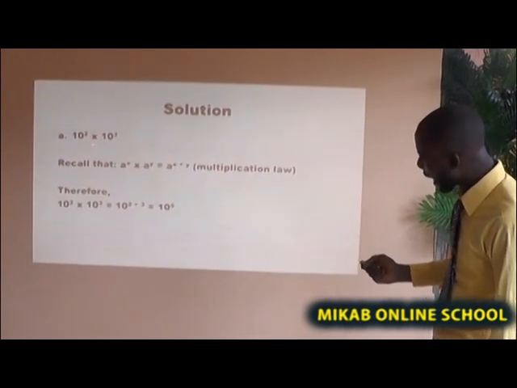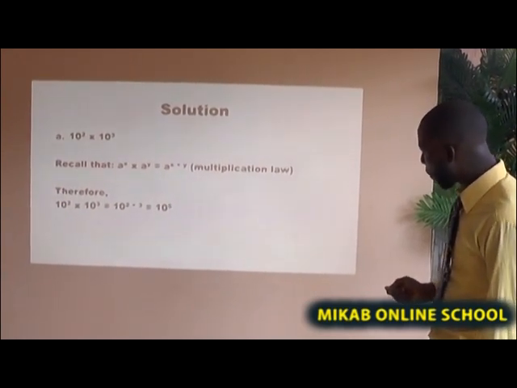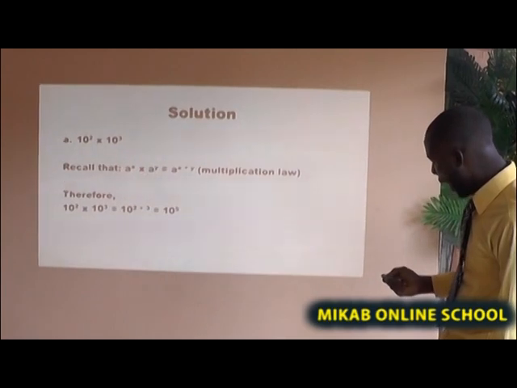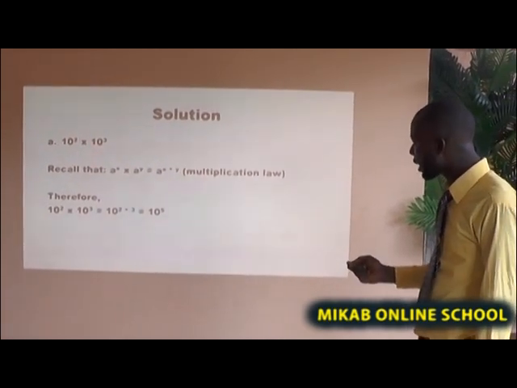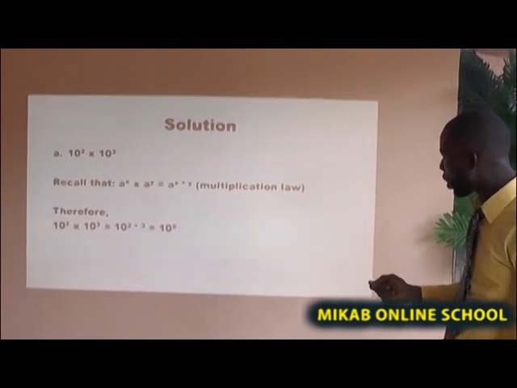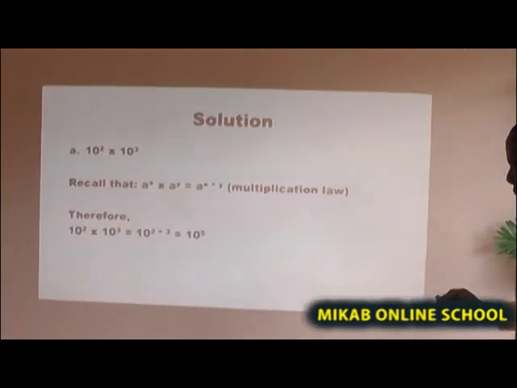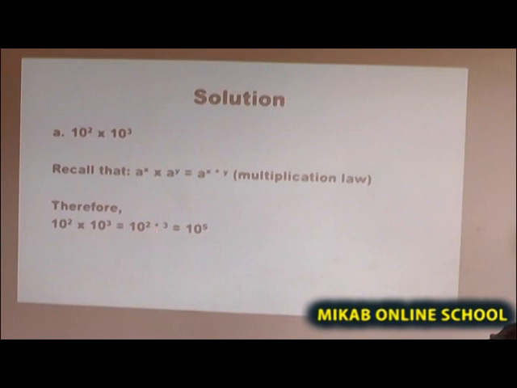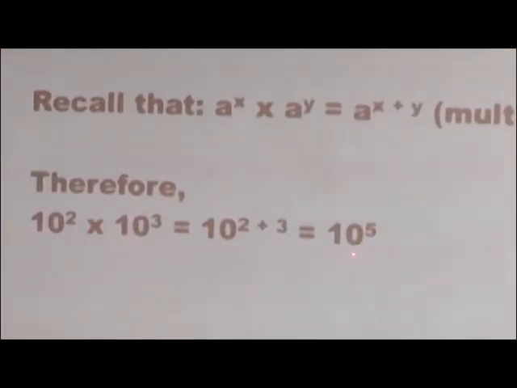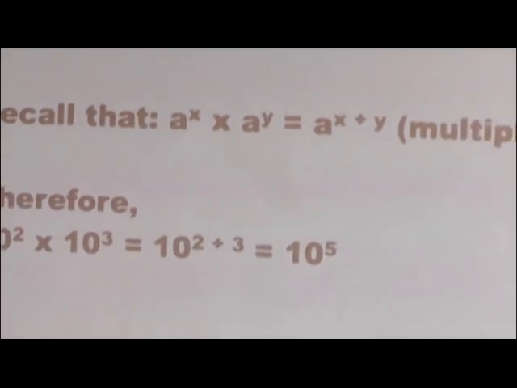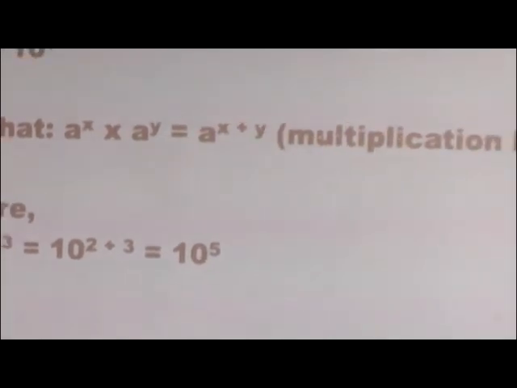The 10 here is the base. You pick one out of the two according to the multiplication law. Then you add the powers, which are 2 and 3. So that is how we arrive at this 10 raised to the power of 5. I believe you are clear with this explanation.